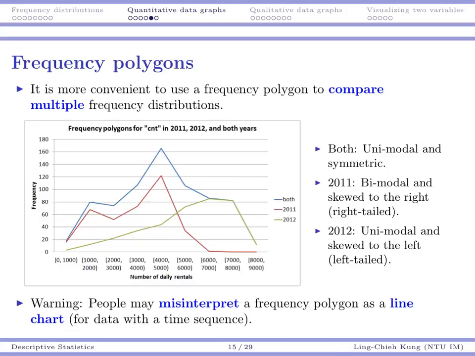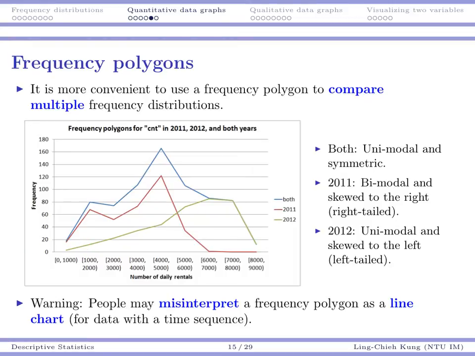For 2011, for the red curve, it has a long tail at the right. Okay, most of the data are at the left. In this case, we say it is skewed to the right. Skewed to the right. There is a right tail. For the 2012 curve, well, the peak is here, so it's skewed to the left.